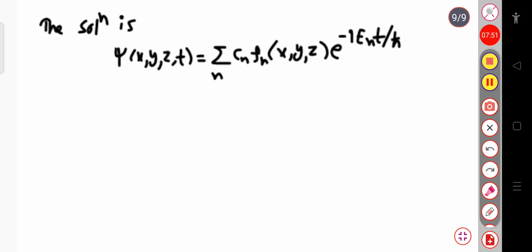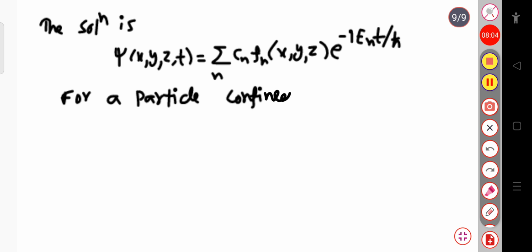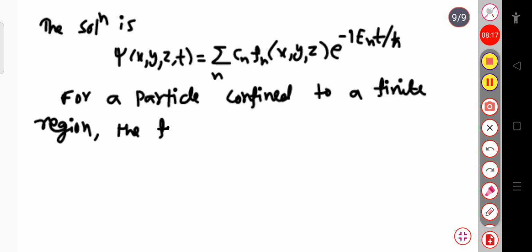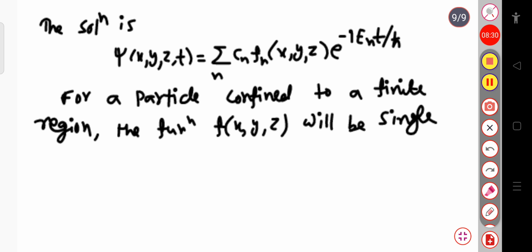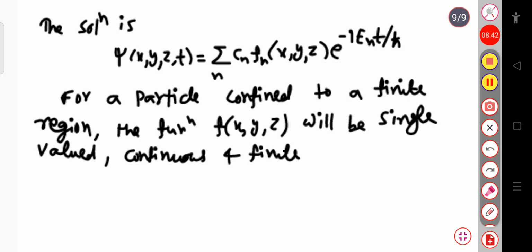So for a particle confined to a finite region, the function f of x, y, z will be single valued, continuous and finite only for certain definite values of energy.